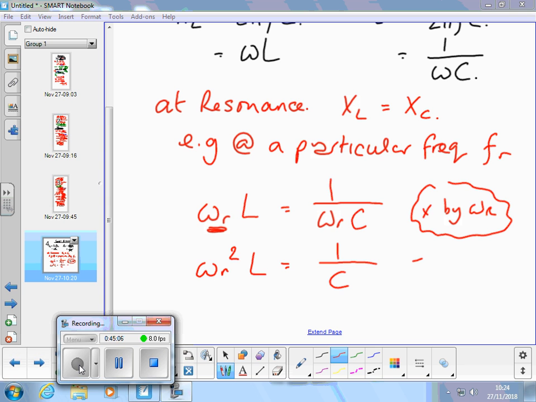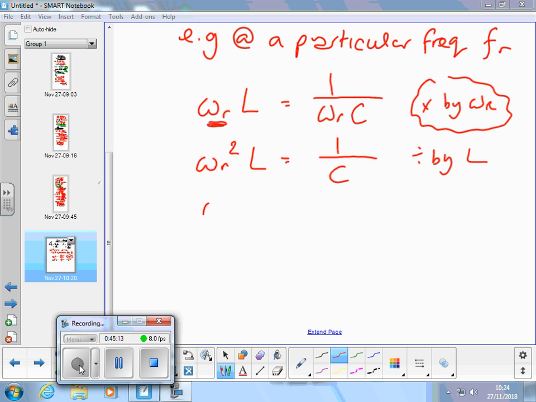Divide by L, we have omega R squared is equal to 1 over LC, and then square root both sides. Must do it to both.